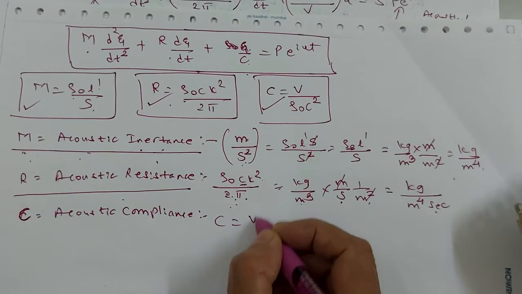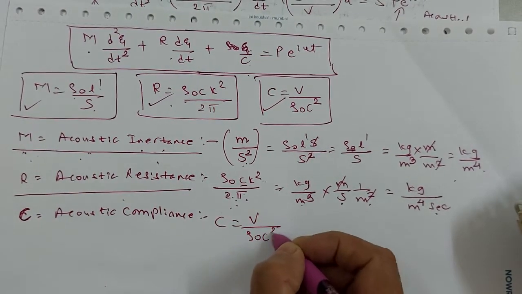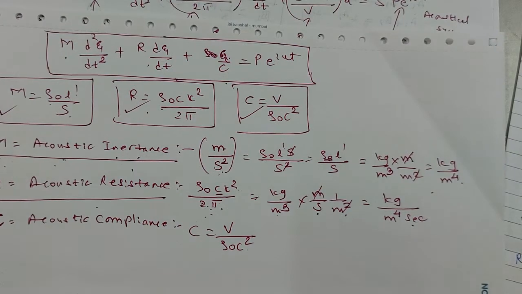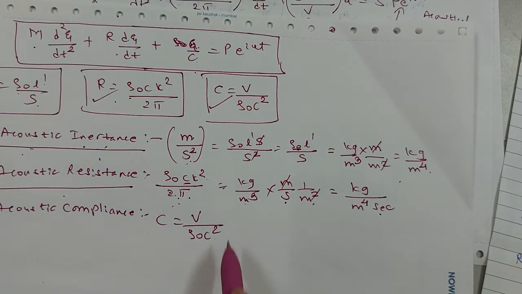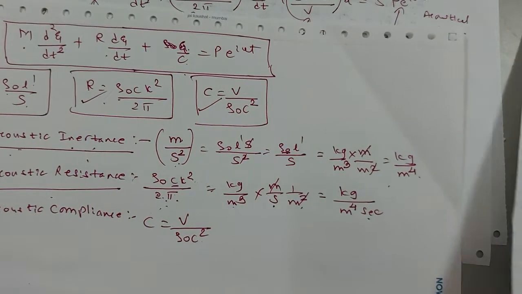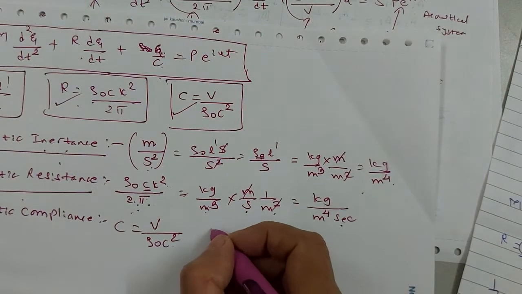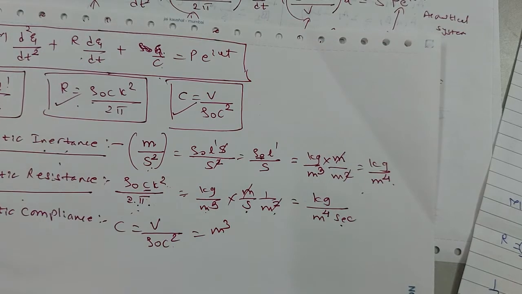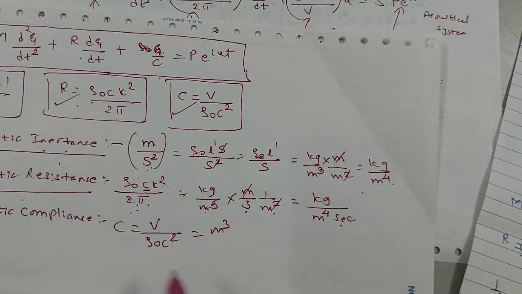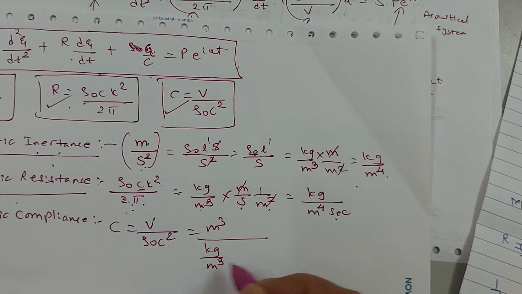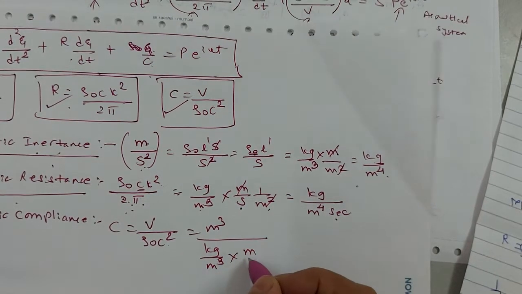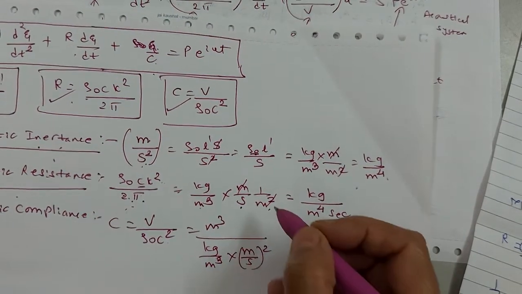C is equal to V divided by rho 0 C square. From that, how do we get the unit? V is the volume, so meter cube. Rho 0 will be as usual kg per meter cube, and C square will be meters per second whole square.